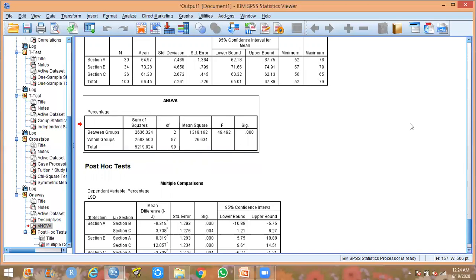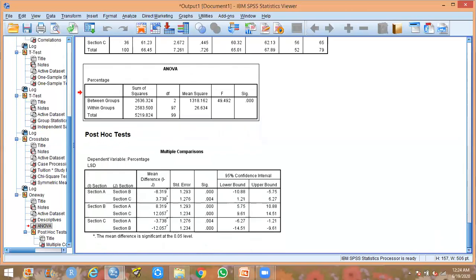But if you compare 2 groups, A and B, how much significant difference is there in academic performance, and what is the significant difference interval, like a confidence interval? For this purpose, I move on to use the post hoc test.